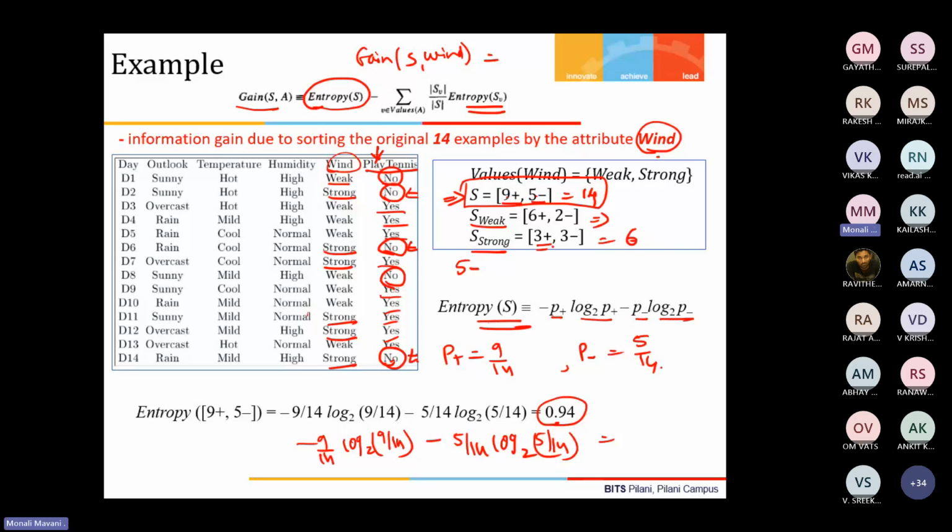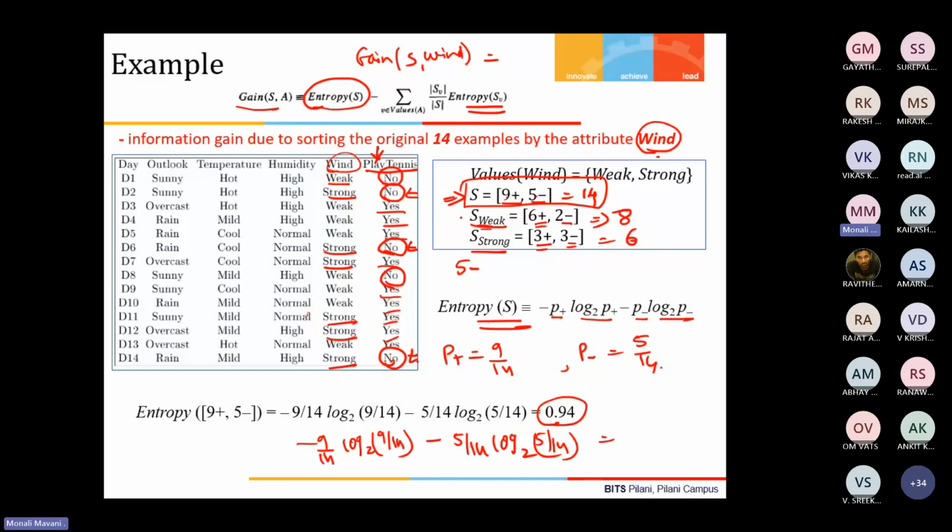So 3 positive examples, 3 negative examples, and total examples are 6, where the wind value is strong. Then we will look at the weak value. When the wind value is weak, we got 6 positive examples and 2 negative examples, a total of 8 examples where the attribute value wind is weak.